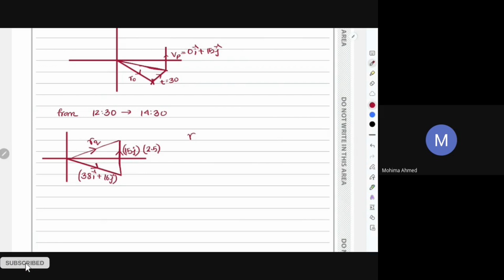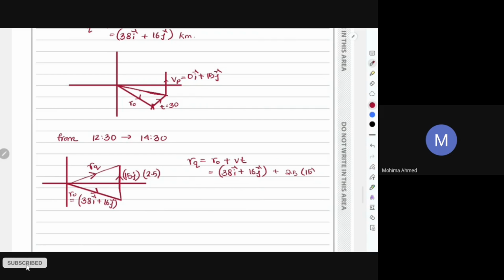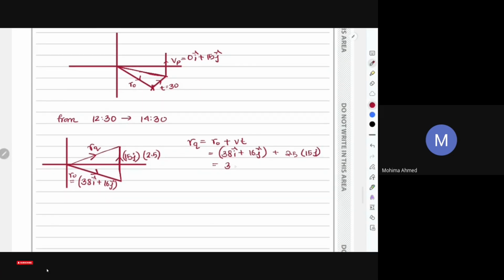If I want to find out the value for RQ, it's just going to be R naught plus VT. R naught is 38I plus 16J, and then again 2.5 into 15J. So 2.5 times 15 is actually 37.5. 38 will remain like this. 16 will be added with this.